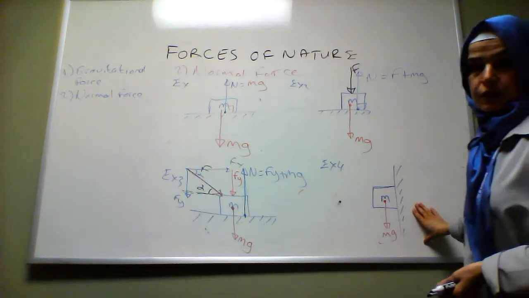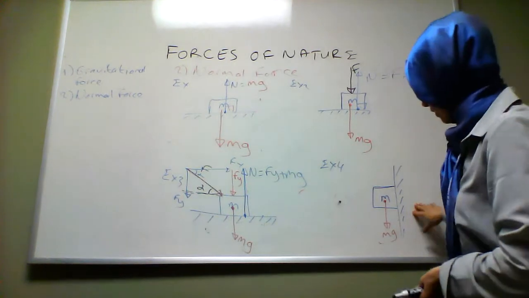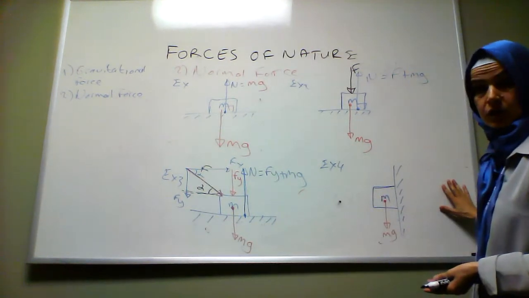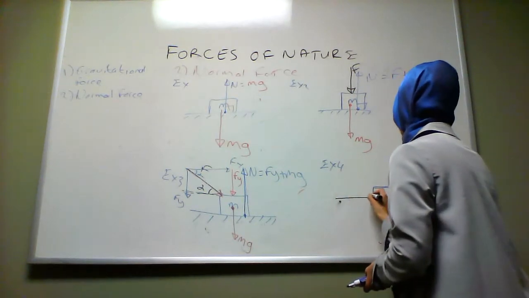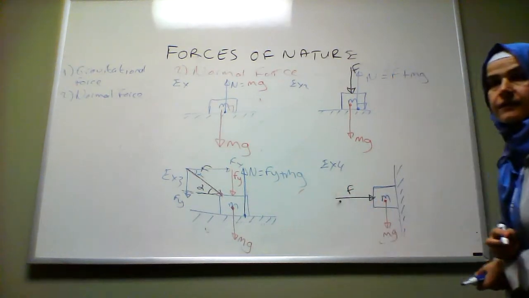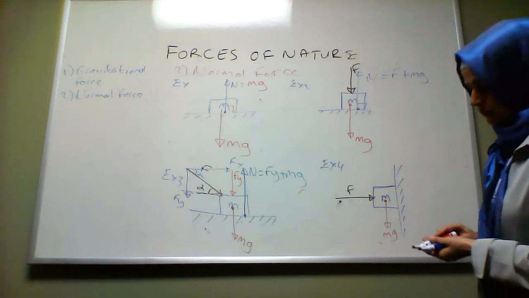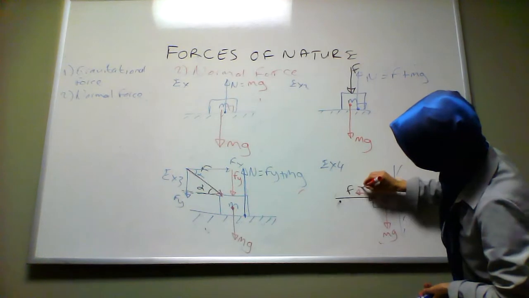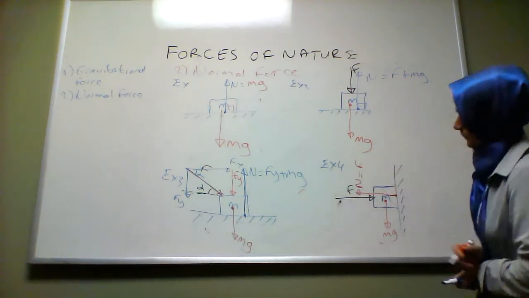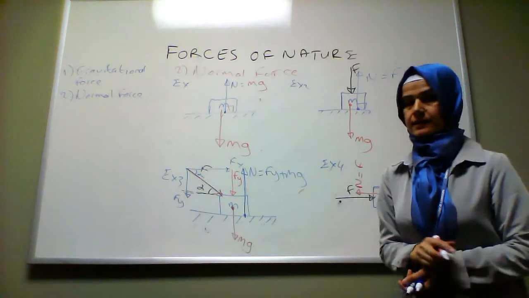If I leave it like this, are there any normal forces? No, zero. There is no force acting on the surface perpendicularly. But if I push it with another extra force to the surface, F, my normal force now will be equal to F in the opposite direction. N is equal to F. This is normal force.